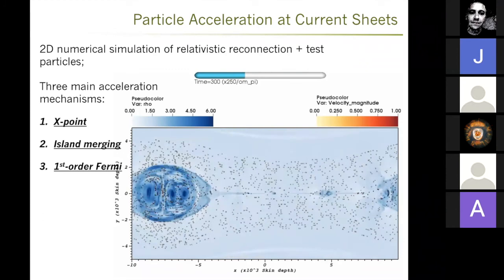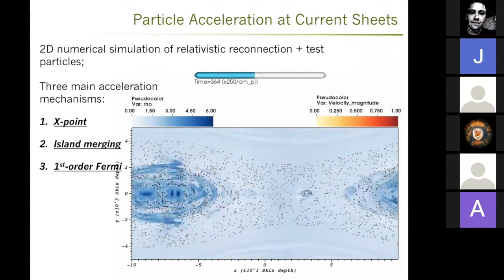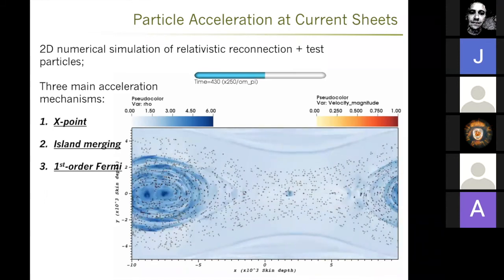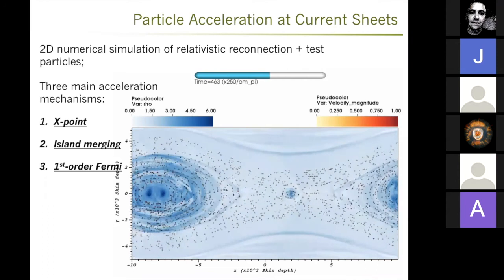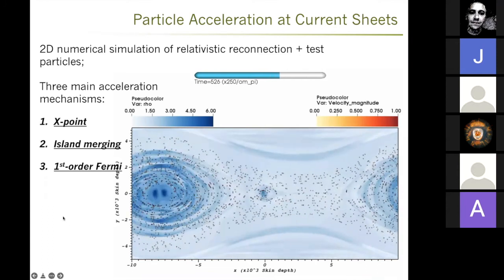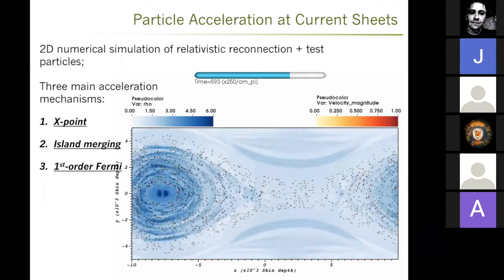At the end, a significant fraction of the particles will end up embedded inside this big island. This is a very interesting piece of physics.